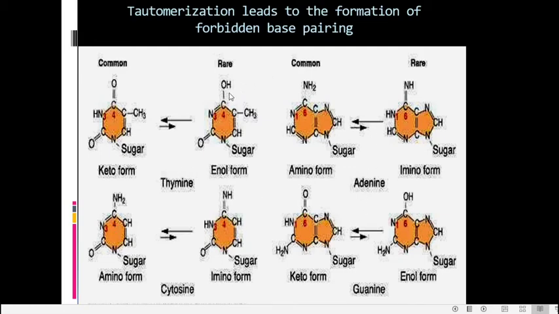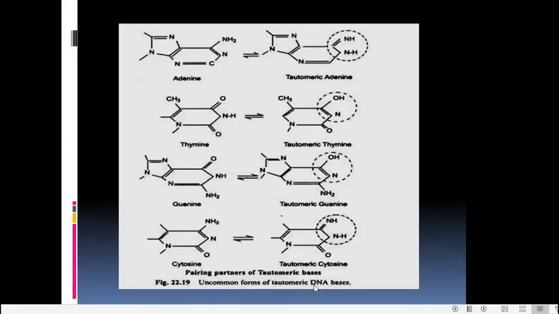So these are the tautomers of these 4 nitrogen bases. Now we will see what effect tautomerization will have on these nitrogen bases. So these are the tautomerized molecules with amino groups converted to imino groups and keto forms converted to enol forms.